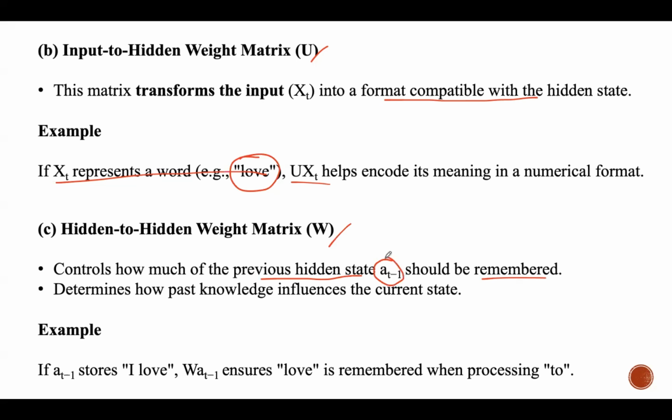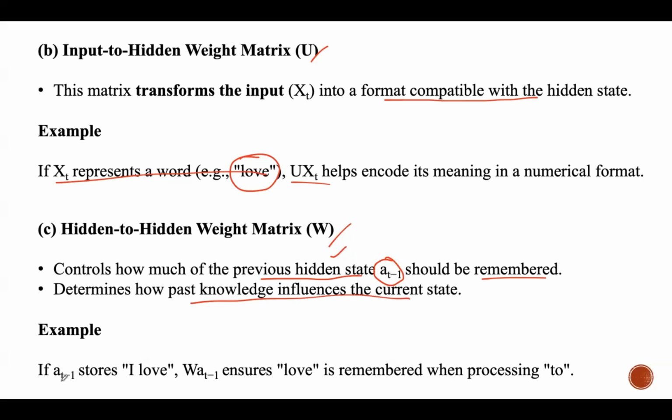Since it has a limited amount of memory storage, it should not remember all the unnecessary things or the things which happened long back in the past. So how much of the previous hidden state should be remembered is controlled by the hidden to hidden weight matrix. And it also determines how this past knowledge influences the current state.